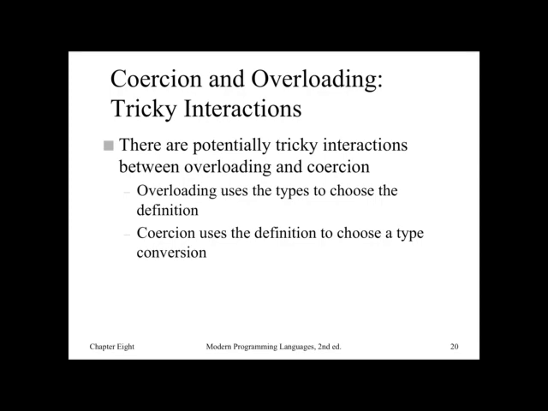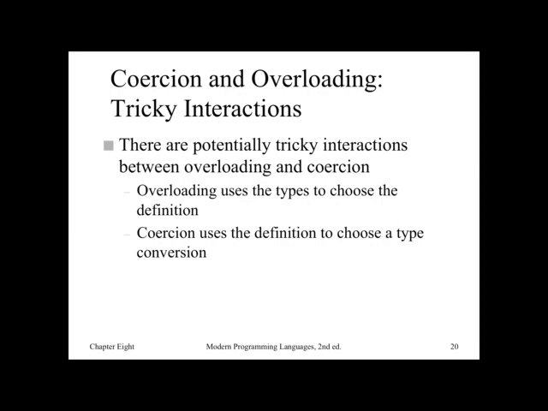So what that means is, if you remember overloading, I've got the plus operator, right? And I'm gonna have a different function if I'm adding doubles, and a different function if I'm adding ints, things like that. So I use the types of my parameters to choose which definition I'm going to use.